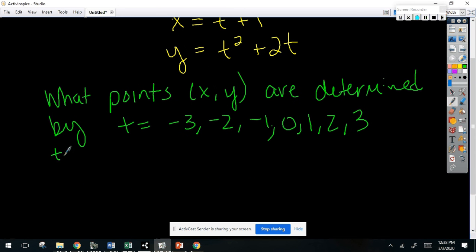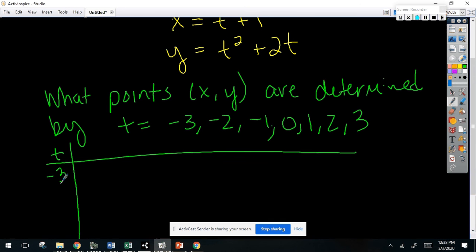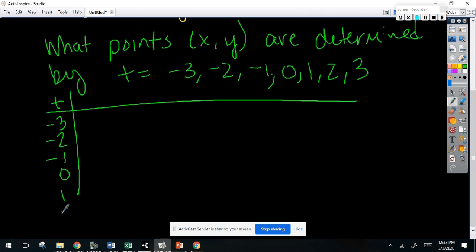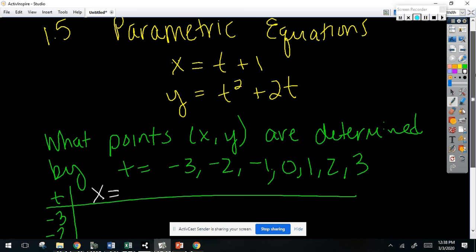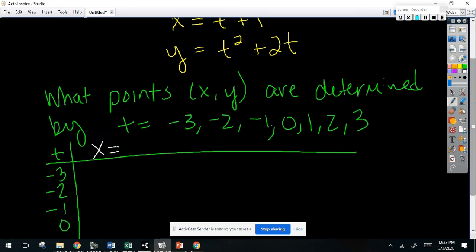So we'll say t, and 3. And so what we'll want to do is find out what x is for these values. And we have a little formula that tells us, right? T plus 1.